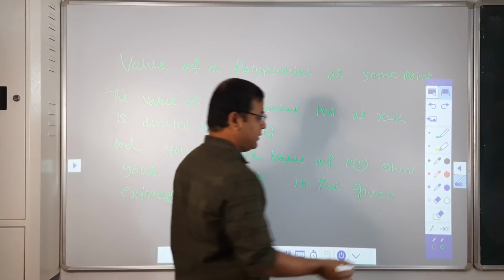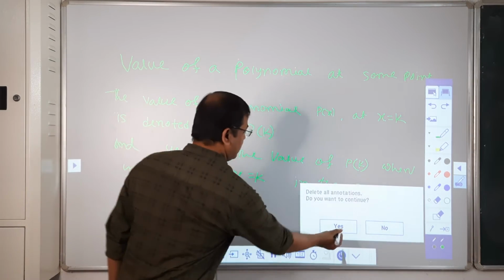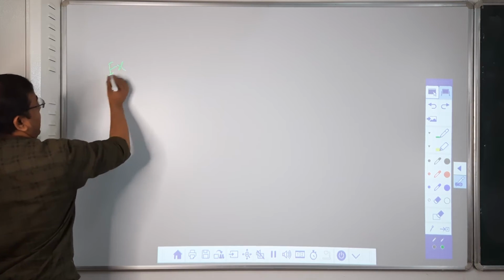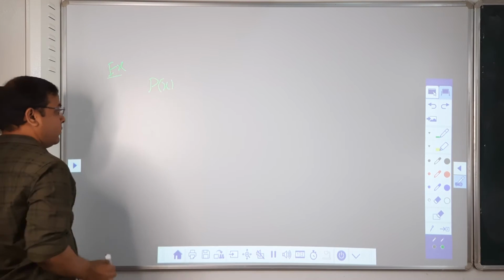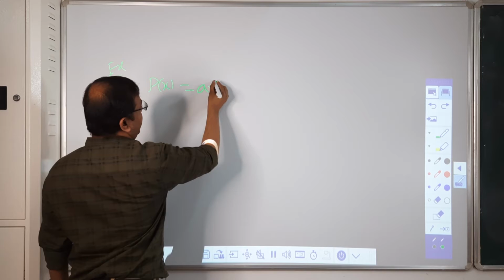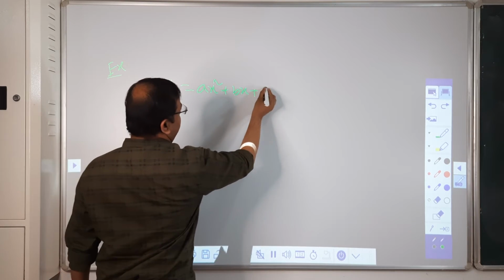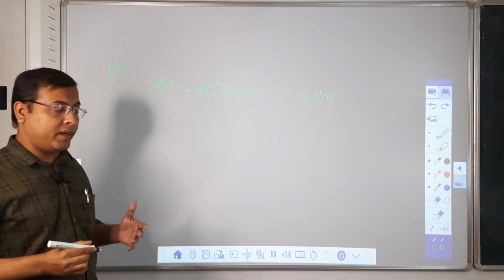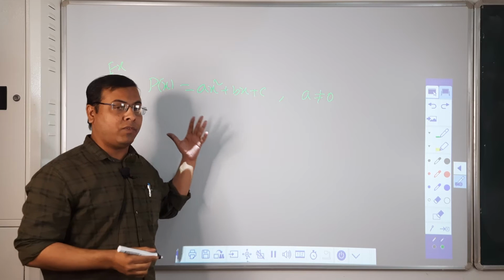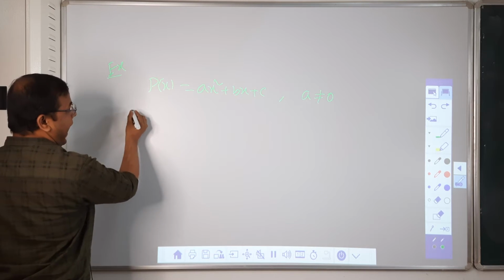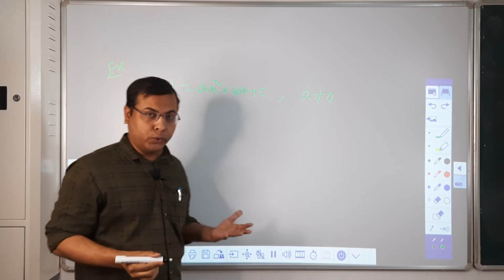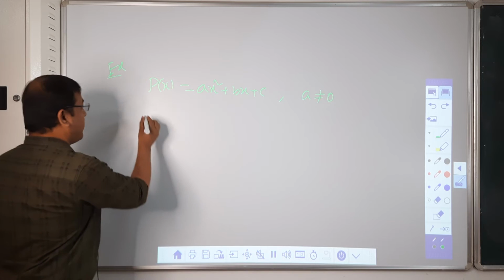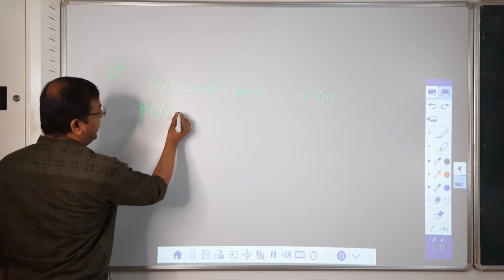Now, as for example, if px be any quadratic polynomial of the form ax square plus bx plus c, obviously a is not equal to 0 because this is a quadratic polynomial. So what is the value of the quadratic polynomial at x equal to 2? Then you have to find the value of p2.